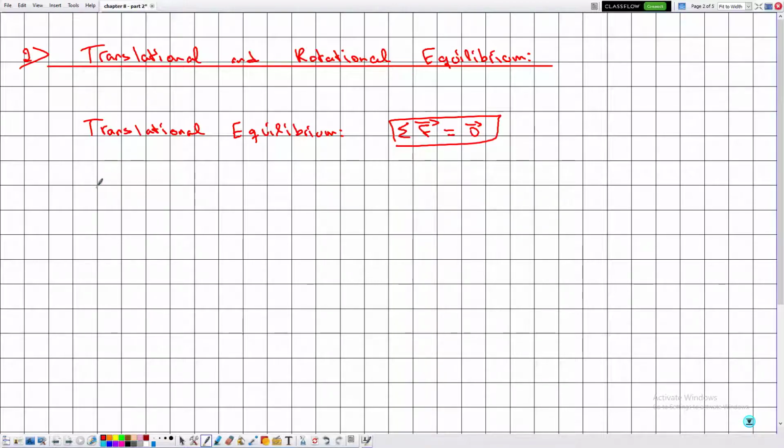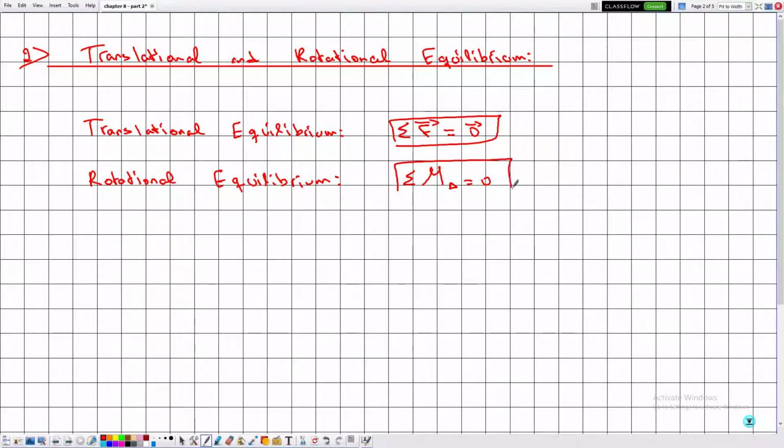Now in the case of rotational equilibrium, without surprises we can directly deduce that the rotational equilibrium is given by the summation of moments around any axis delta is equal to 0.